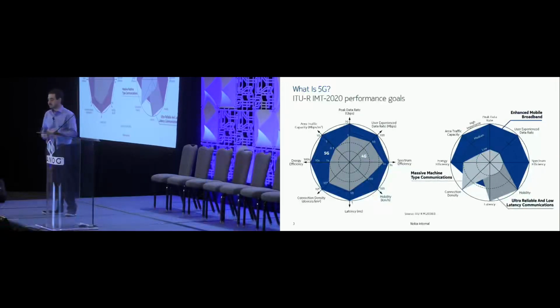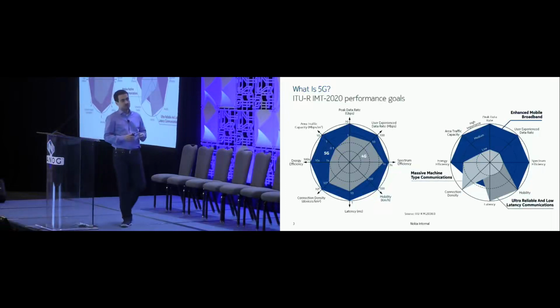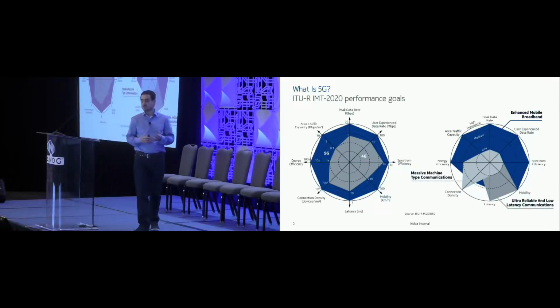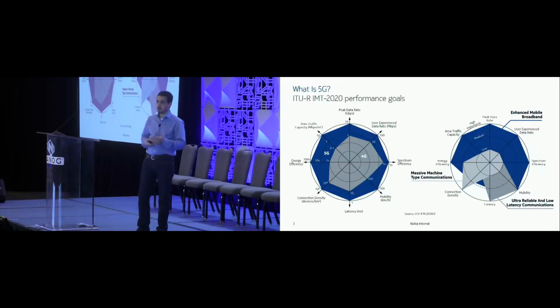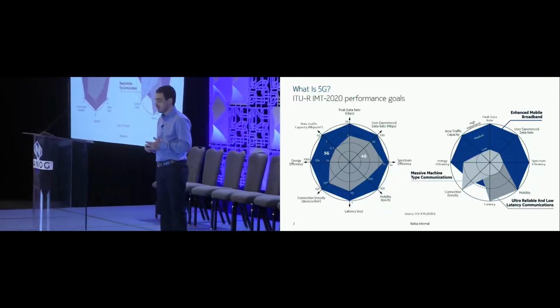The gray area is the comparison with 4G. I'm not going to go through all of the elements in this graph, but you can see some of the things that are widely advertised for 5G, such as lower latency. We're aiming at possibly 1 millisecond latency end to end. Very high data rates, both peak data rates and sustained data rates.